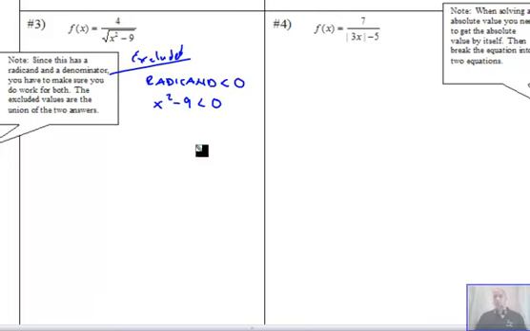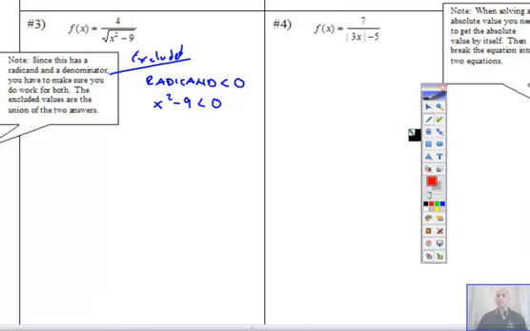I'm going to say some weird things here. To my knowledge, there's no direct way to take a polynomial such as this x squared minus 9 and solve it when you have an inequality symbol. Weird things happen. So you're going to hear me say something that's not mathematical.